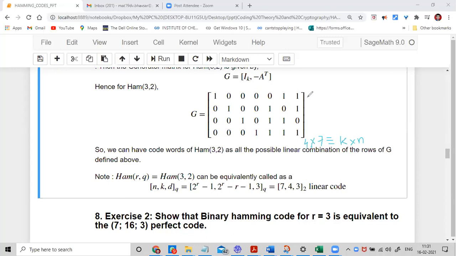You will say A times first vector plus A1 into V1 plus A2 into V2 plus A3 into V3, and then just take A1, A2, A3, A4 as 0 and 1.